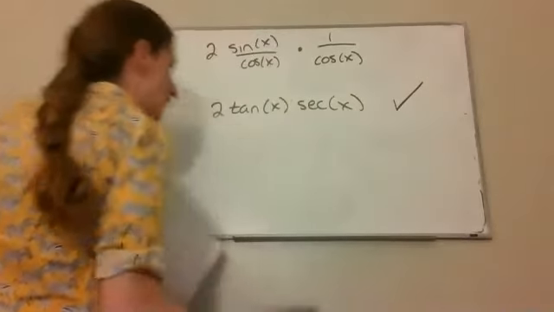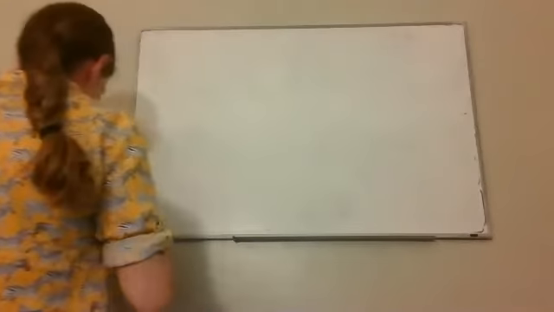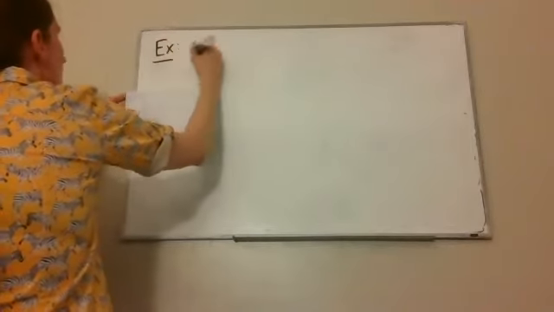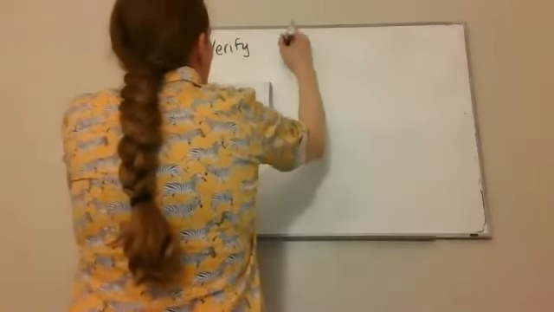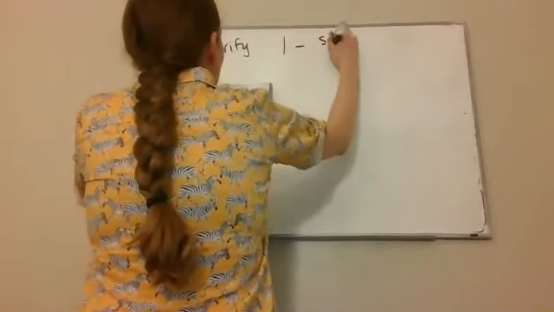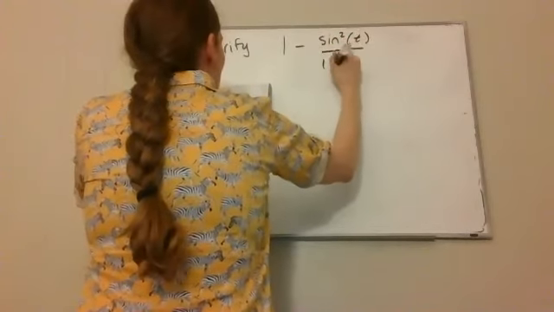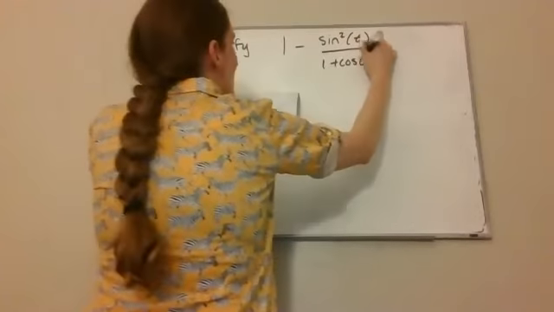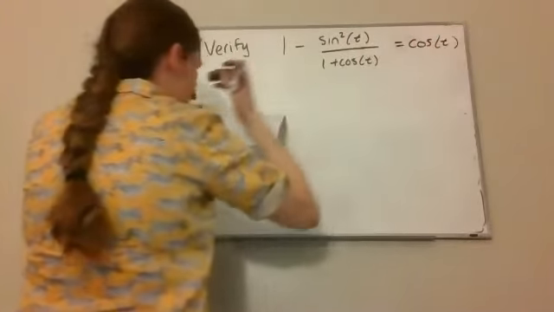All right, we just have a few more identities to verify, just getting our practice in. Let's verify 1 minus sine squared of t over 1 plus cosine of t equals cosine of t.